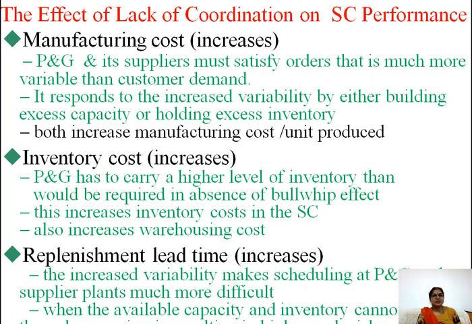Inventory cost increases. To cope with the high level of demand, these manufacturers and suppliers have to go for increased inventory, and to keep that in inventory, they have to go for more warehousing space. All this will add to inventory cost.